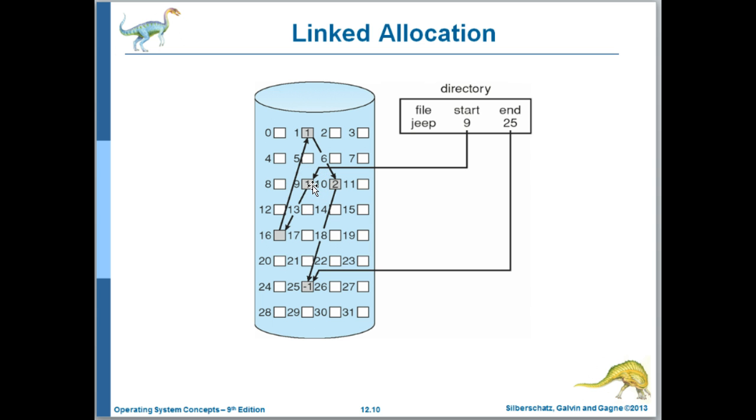In this case, the ones digit got truncated. It should say 16 here. And the pointer here should say 1. The pointer here should say 10. The pointer here should say 25. And 25 is the last block, so we have the end of file block pointer.